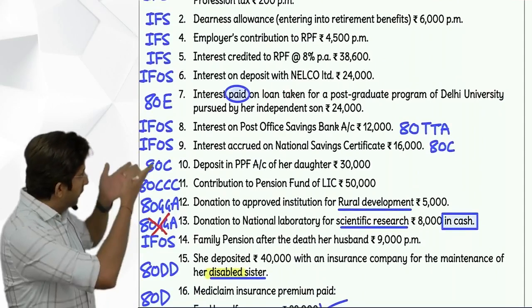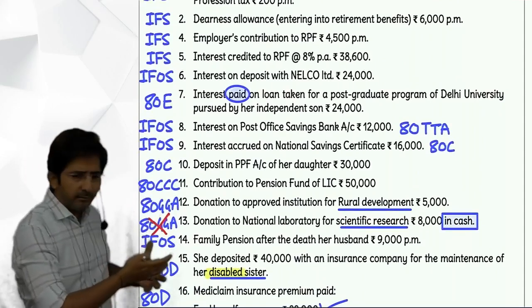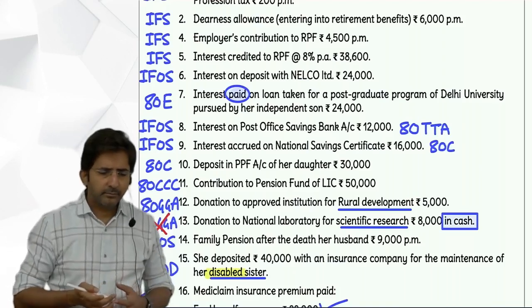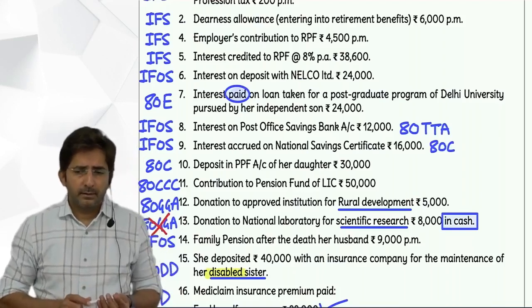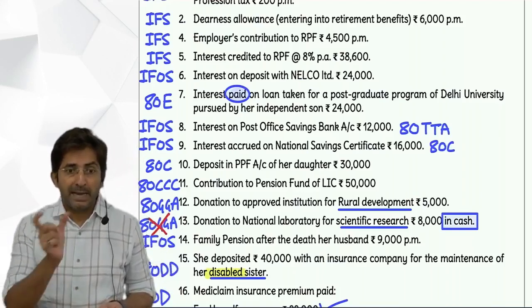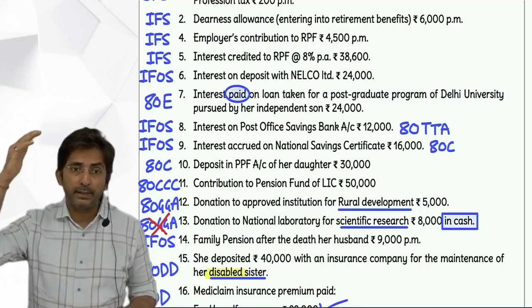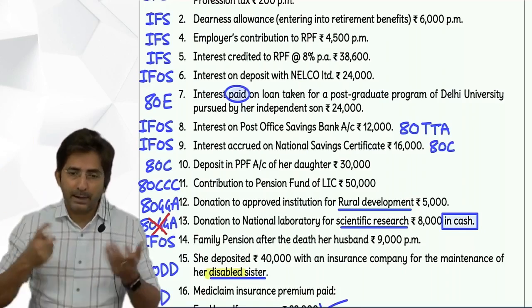You do search in the question. 80C, 80CCC, 80CCD(1). We didn't have 80CCD(1). 80CCD(1) is what? Pension scheme of central government. But here only the balance will come because first 50,000 we take in 80CCD(1B). But forget the balance, we don't have it in the question.